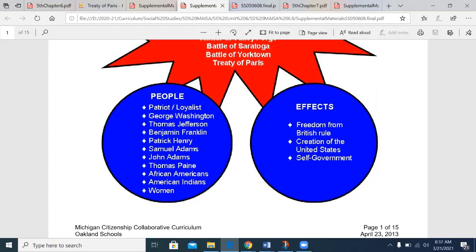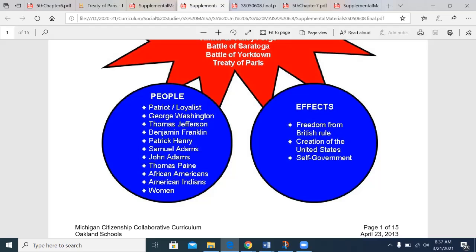Speaking of George, some of the people we talked about: George Washington, Thomas Jefferson, the first and third presidents there, Benjamin Franklin, our key diplomat, Patrick Henry and his fiery speeches, Samuel Adams, John Adams, Thomas Paine, a little common sense there.